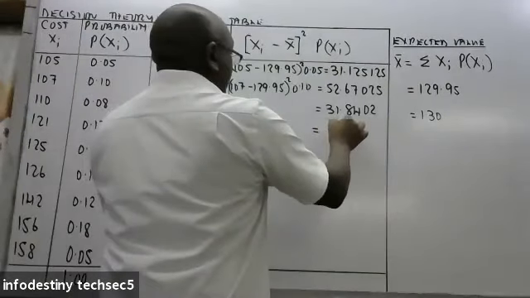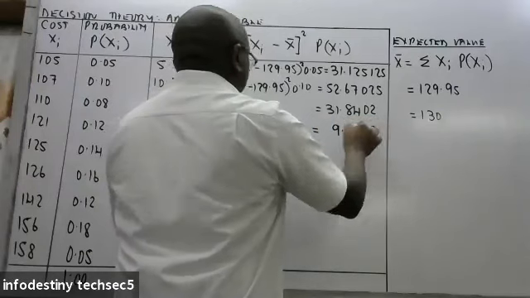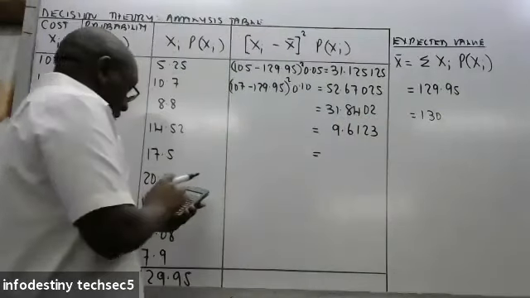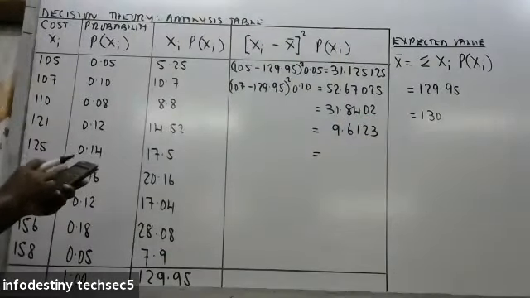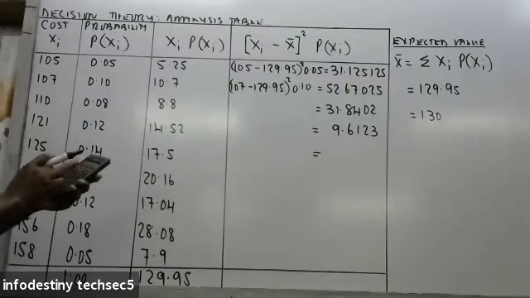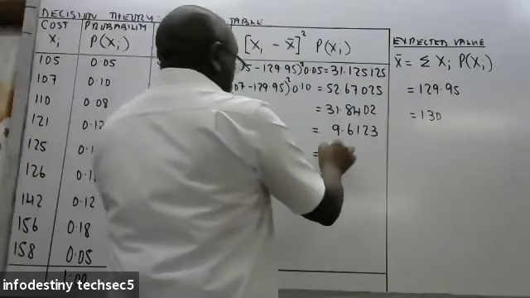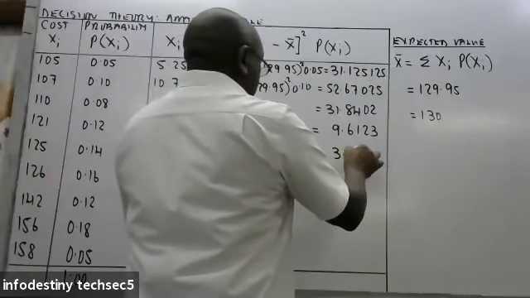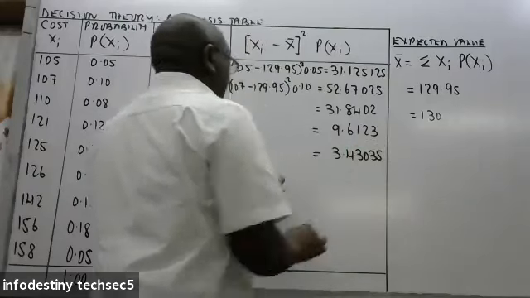I have 9.6123. 125 minus 129.95. We square that, then you multiply by 0.14 is 3.43035.